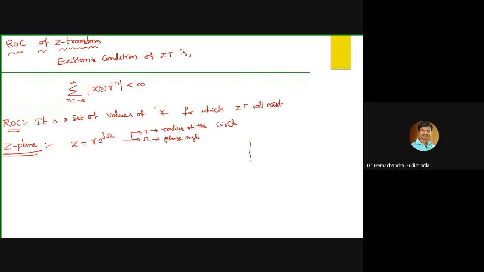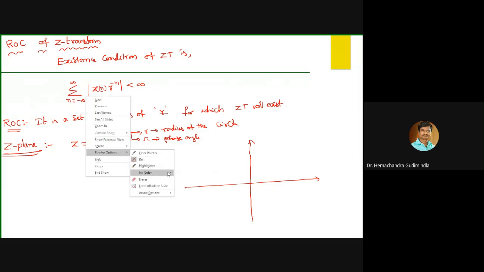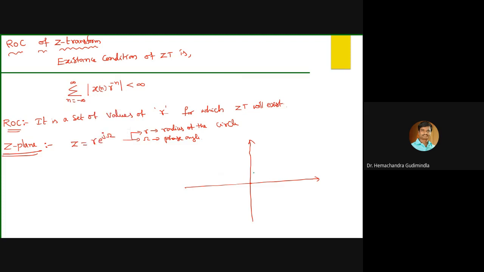This is the Z plane. This is the origin point. You can draw circles with different radius values. Now let me draw one circle here.